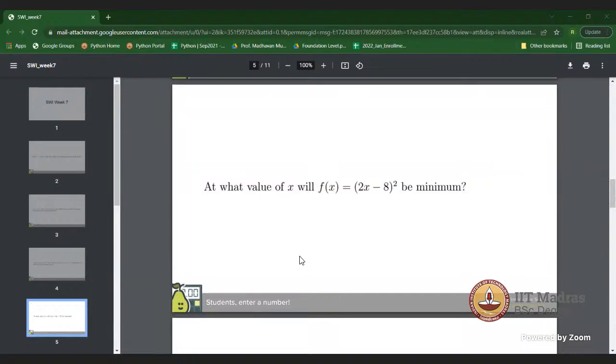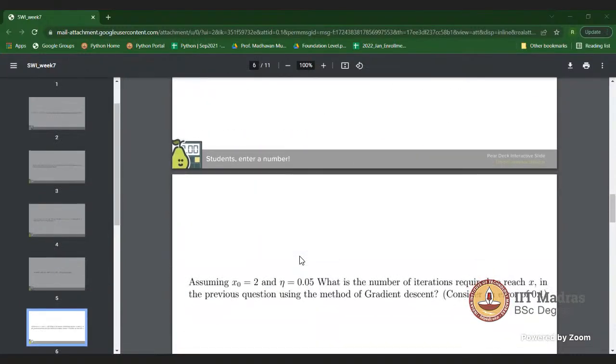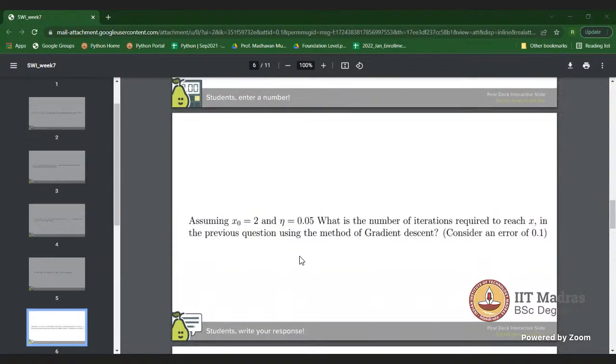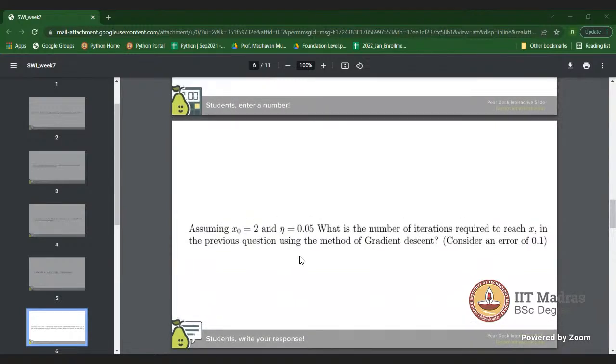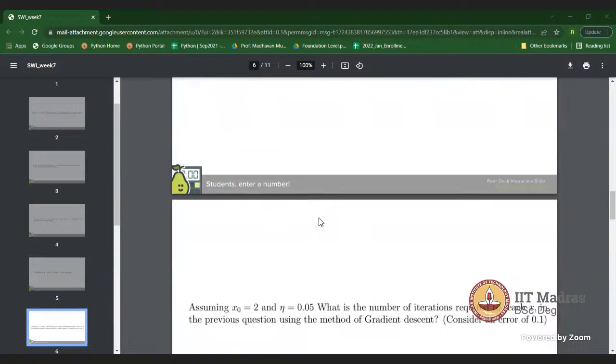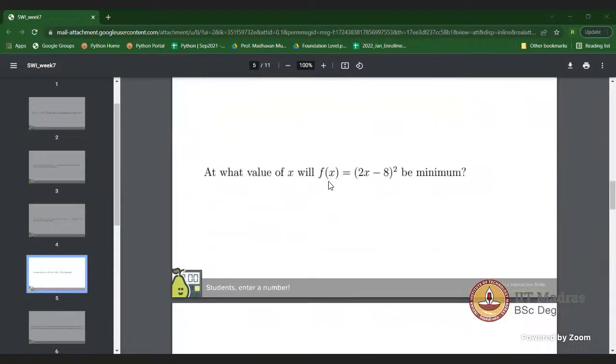We'll move ahead to the next problem. Assuming x0 as 2 and eta as 0.05, what is the number of iterations required to reach x in the previous question using the method of gradient descent? We had f of x as (2x minus 8) whole square, and x star is 4.